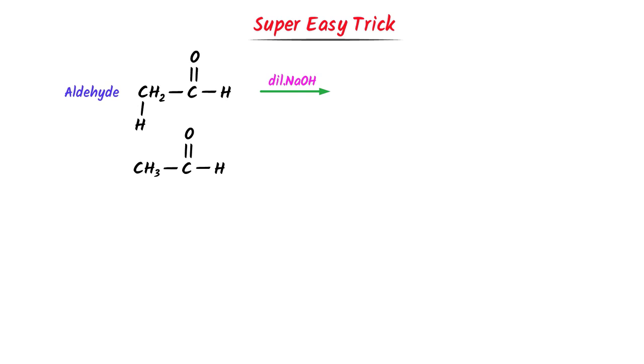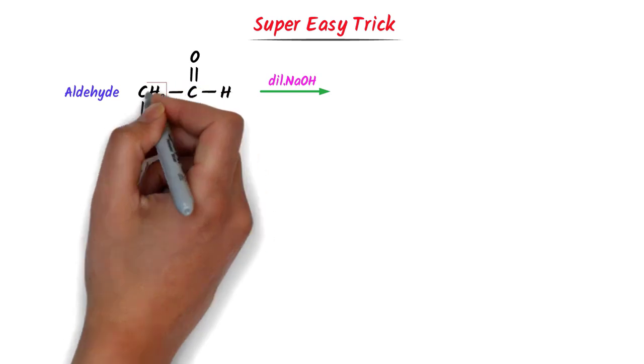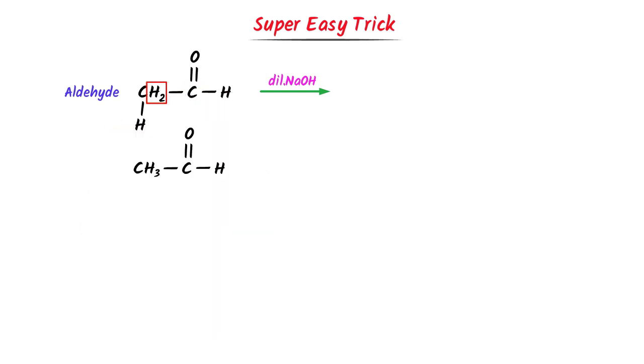Now listen carefully. This alpha carbon will lose 2 hydrogen atoms, and from this molecule, this oxygen is removed.